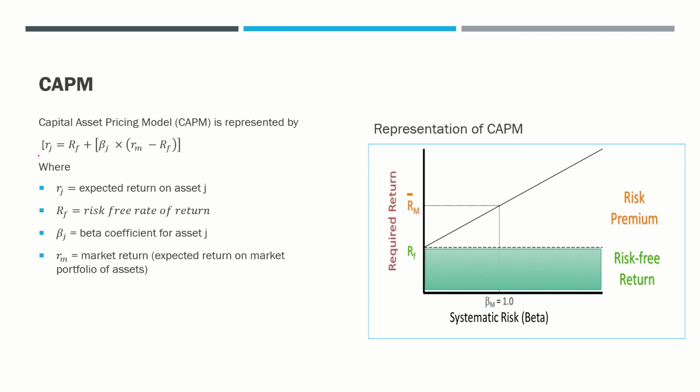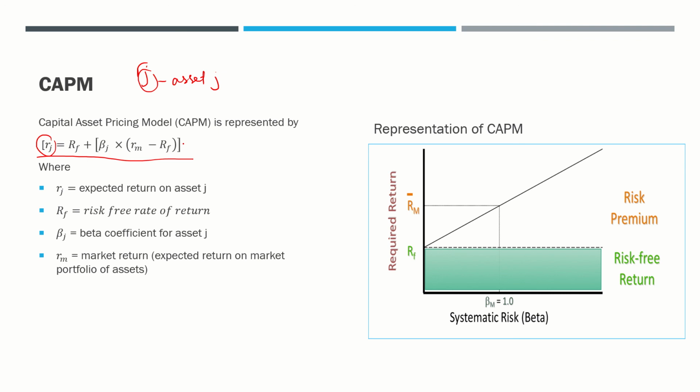Jadi nak kira CAPM tu, ini adalah formula dia di mana return of asset J, ya, RJ, J kecil ni mewakili aset J, sama dengan RF adalah risk free rate campur dengan beta untuk aset J. Beta adalah pengukuran kepada risiko kepada aset J kali dengan, selesaikan yang ni dulu, return for market, pulangan pasaran, tolak dengan risk free rate.